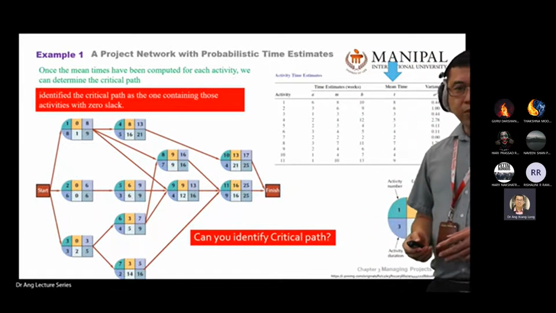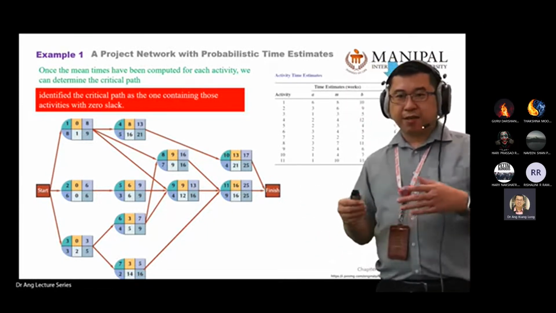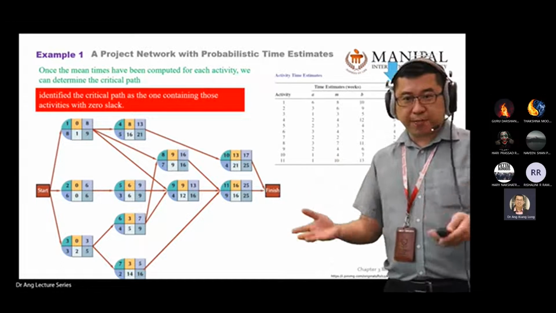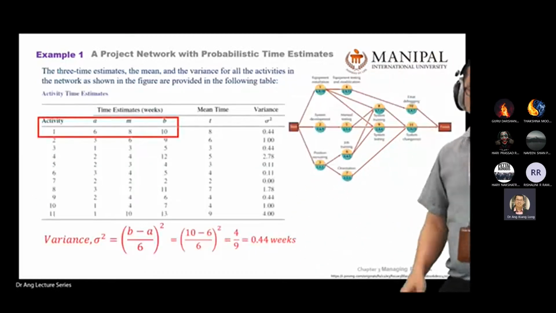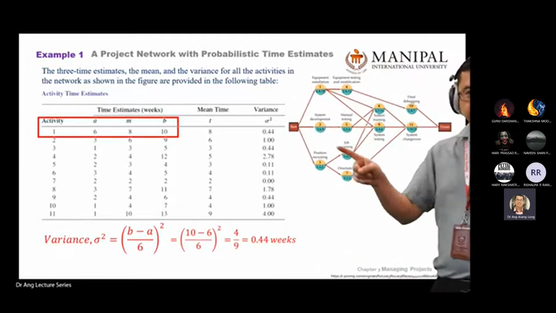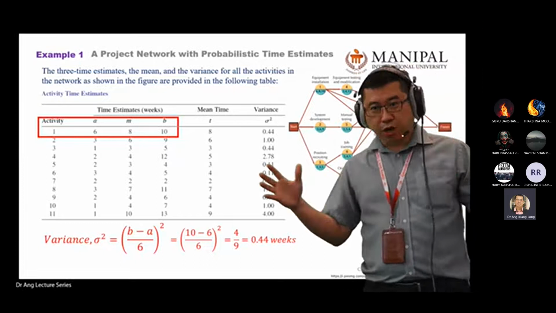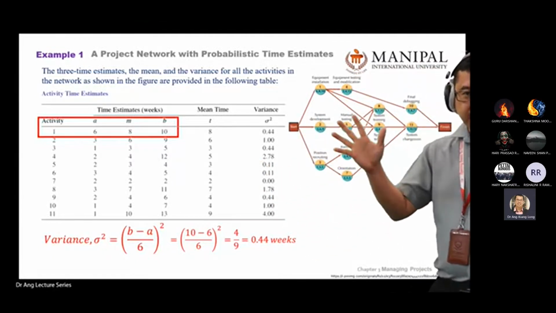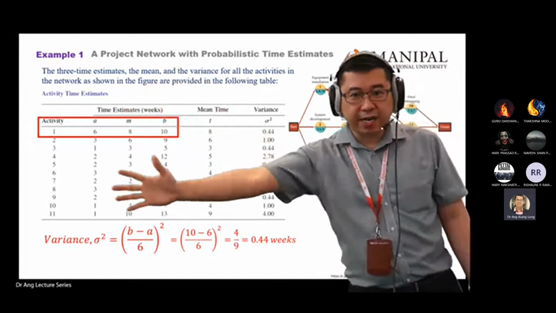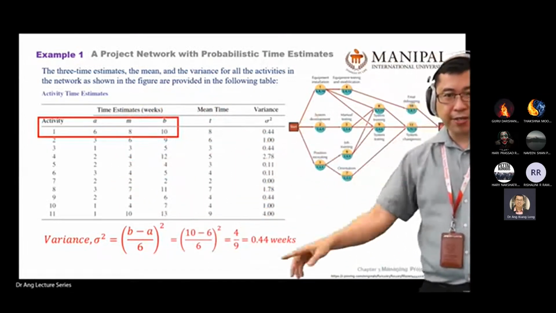So maybe for test 2 you will still see the Gantt chart, but in the final exam I may skip the Gantt chart and you will see this instead. Or if the question is too long, maybe I will just give you one sample of this diagram, or even this table, without the mean time and the variance.